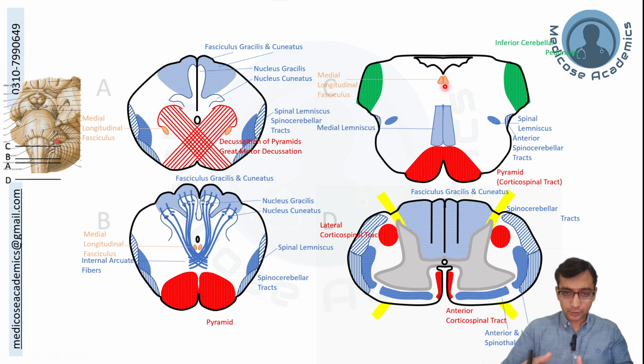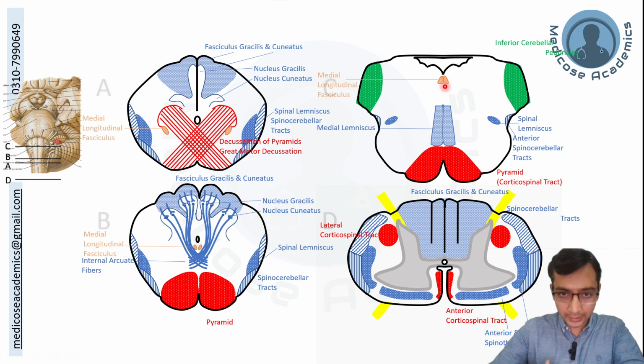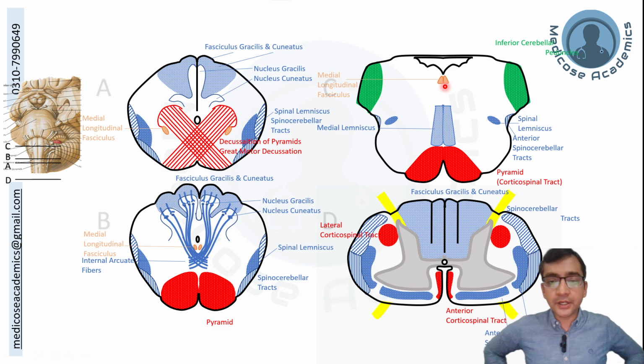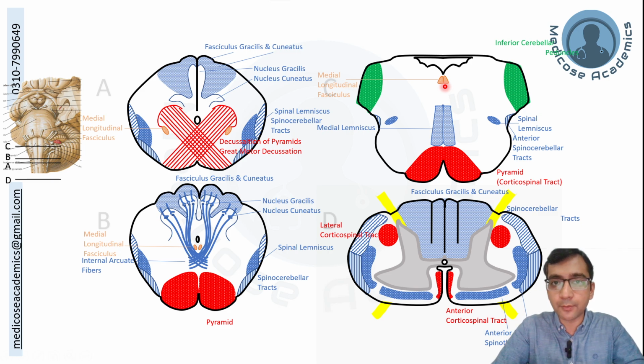So it joins all three of them, and it joins them with the hearing centers, the cochlear nuclei, and with the vestibular nuclei, and it helps the coordinated function of these nuclei for the conjugate eye movements.